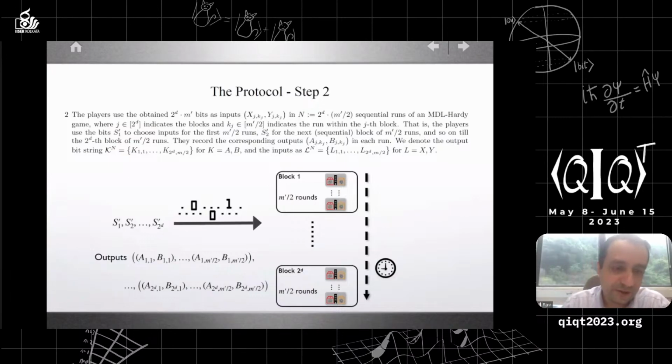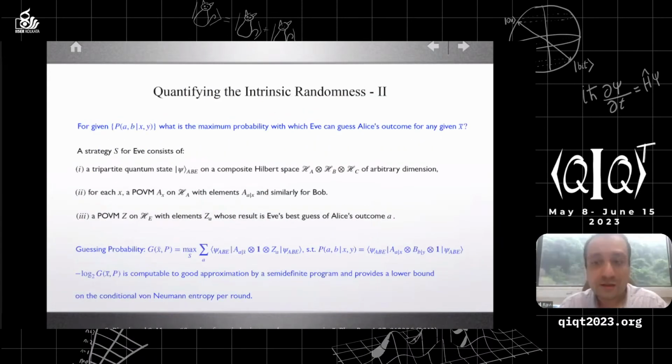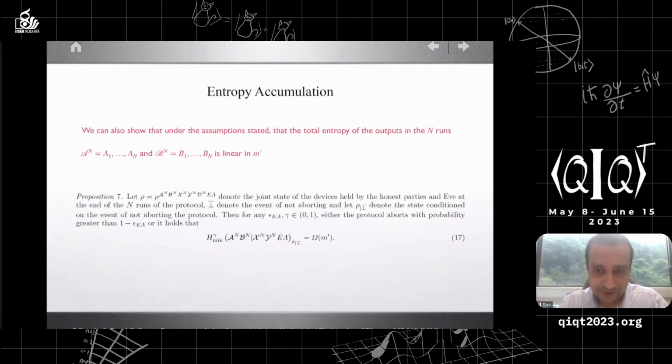This is simply because in a Bell test, if the inputs are not chosen randomly, then you can simulate the Bell violation using a local hidden variable model. So that's the idea. Therefore, the total output entropy in all of these outputs is only of the order of the number of bits in a single block. So you say that this is of the order of m prime.